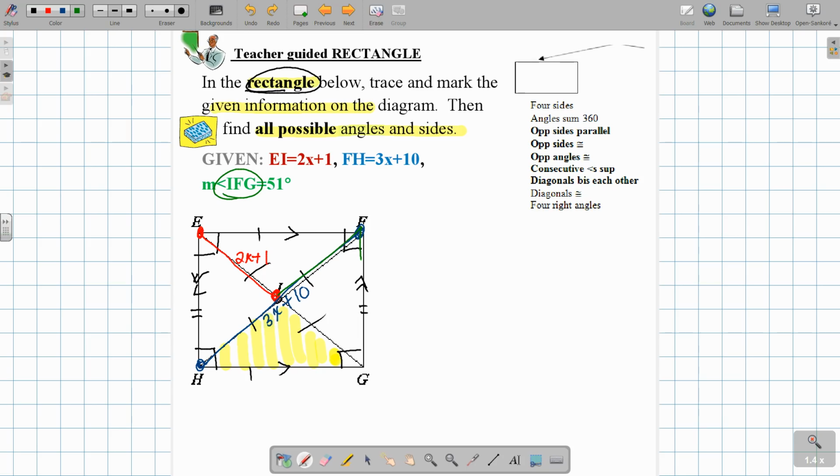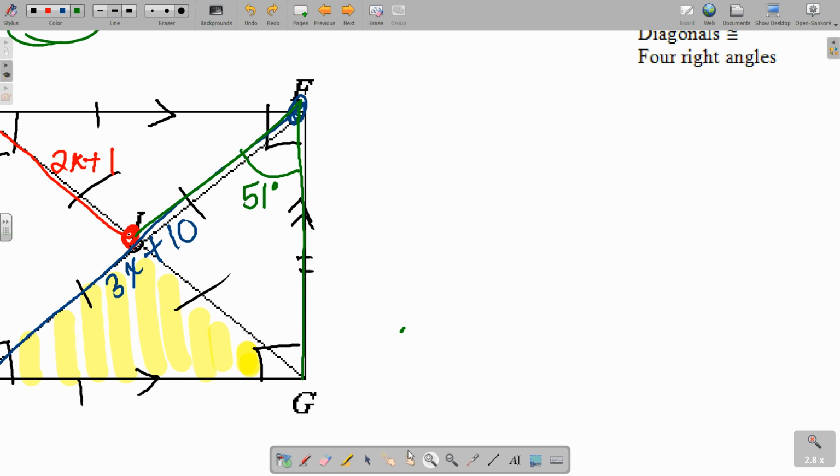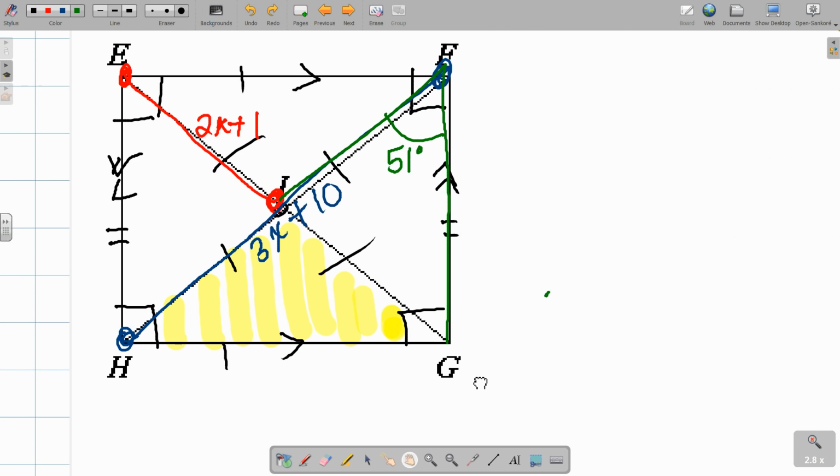There's I, there's F, there's G, sweep 51. All right, we want to find everything possible. Let's zoom in here. The angles are easier to do, so let's do that first.